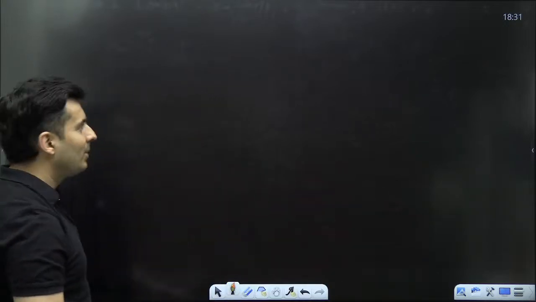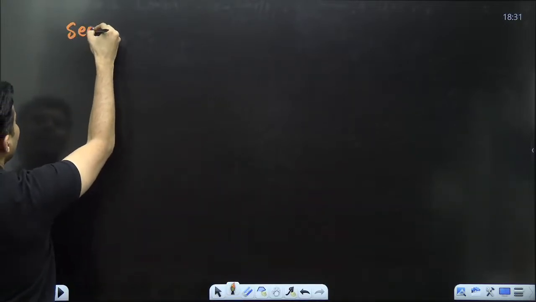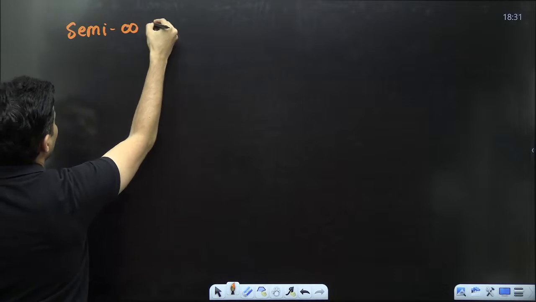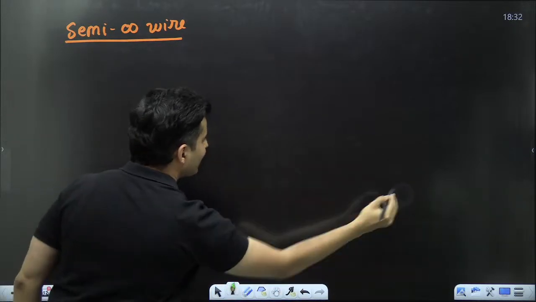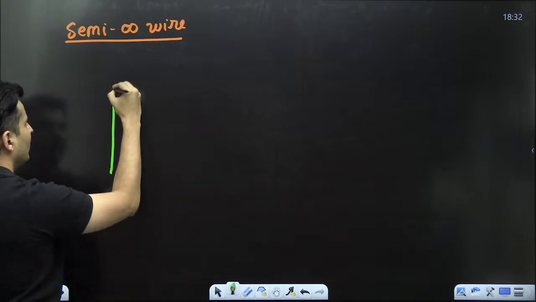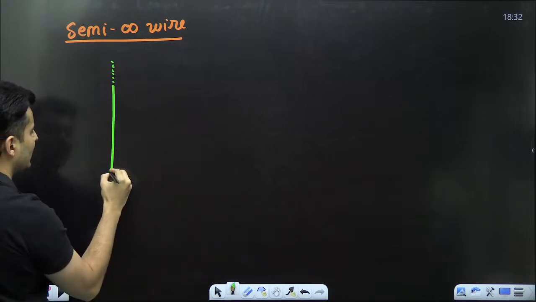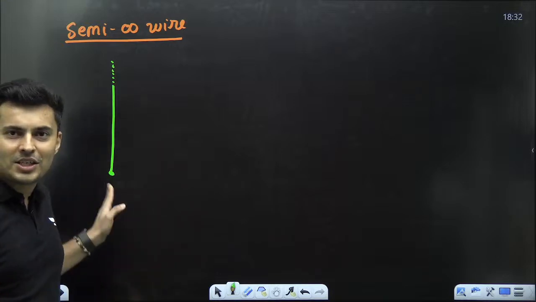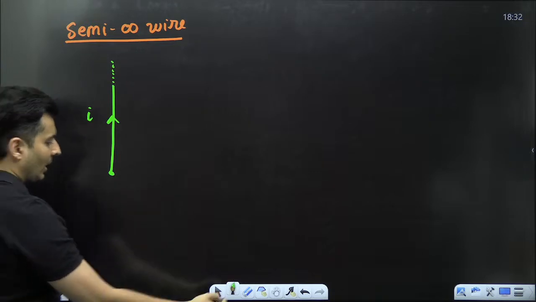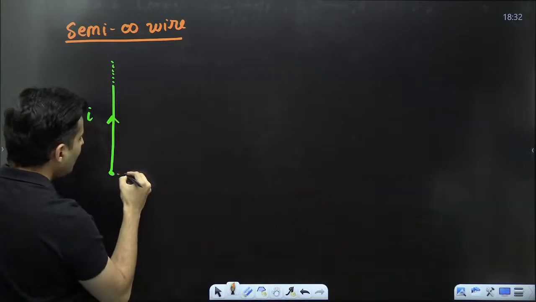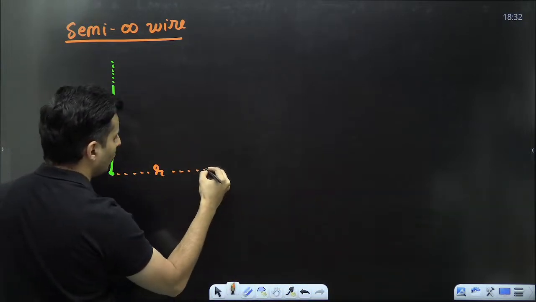There could be a problem where there is a semi-infinite wire. So what is this semi-infinite wire? Imagine the wire is long, yes, but on one side it is not long, it's just starting from this point, and there is some current in it, and I am standing at some distance r from it over here.